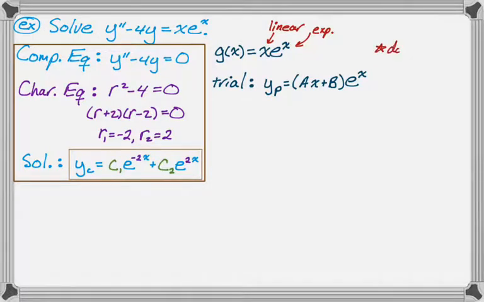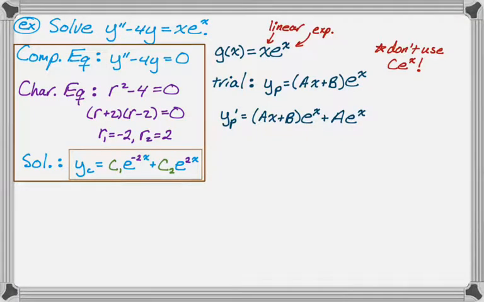We don't use c e to the x because that would introduce another constant we'd have to solve for, and it just complicates things because the ax plus b already deals with that potential value of c. So we have our trial, and we need to find the derivative. This is a product rule situation. So first, and derivative second, plus second, derivative first.